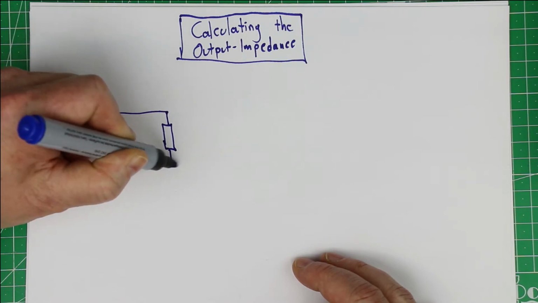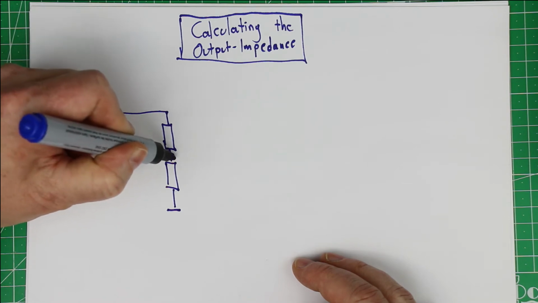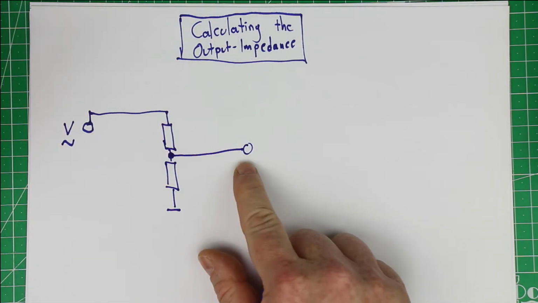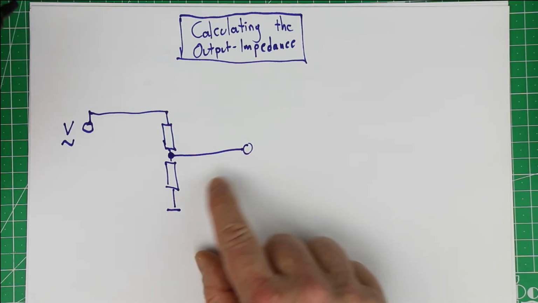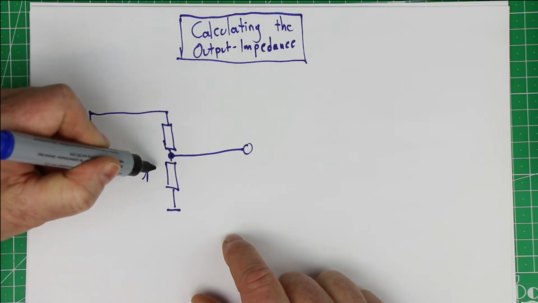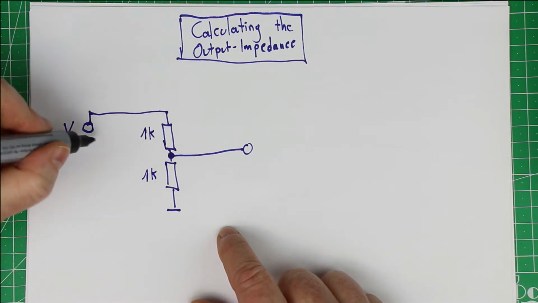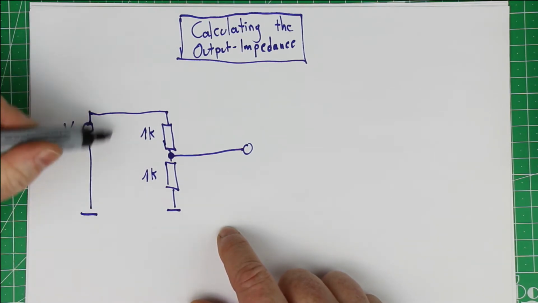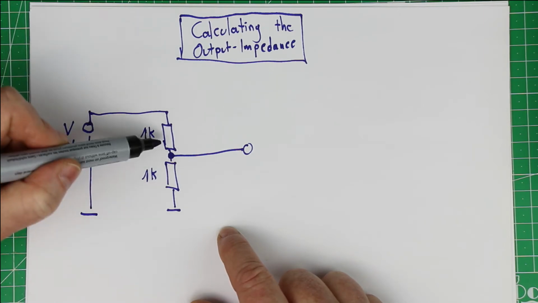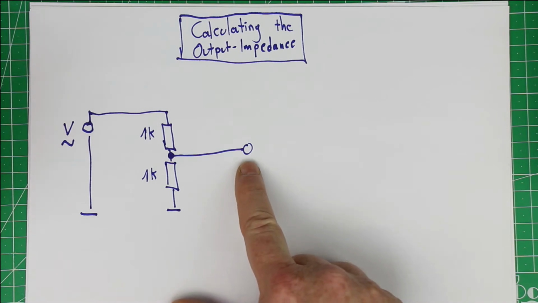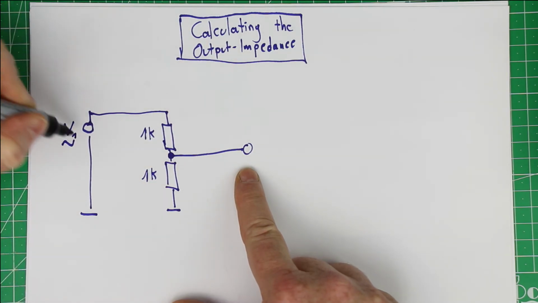From the output stage there is a voltage divider, and your real output, which could be an RCA jack or anything like that, is situated here. For simplicity, let's presume these two resistors are equal and they are both 1 kilo ohms. So we have a voltage source, we have a 1K resistor divider, and here the voltage is, of course, let's call this V1.